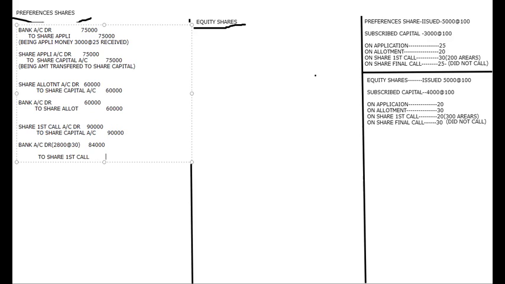Now when I'm posting on the opposite side, the second posting, I should write the same 90,000. But these two are not matching. So with the balance of 6,000, I will compensate by writing calls in arrears account debit 6,000. So like this we are going to write it down. I think this is clear for you now.